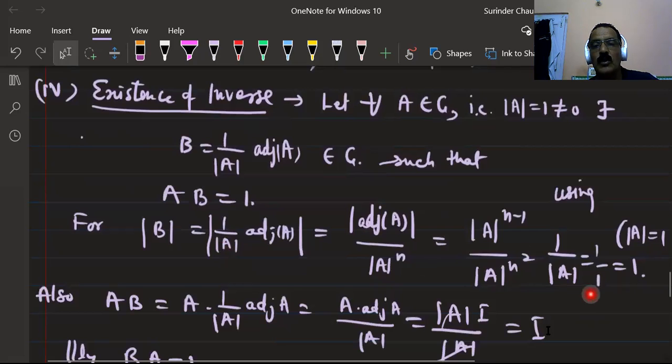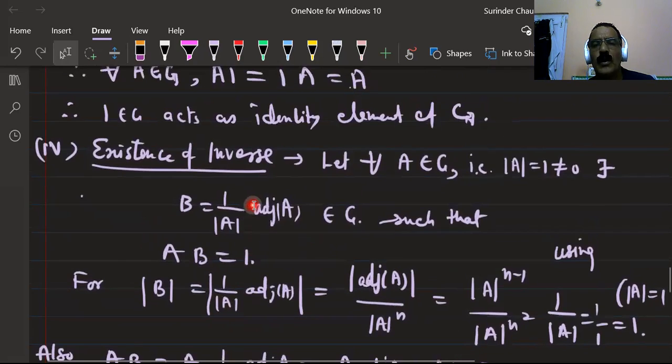Taking determinants on both sides, determinant of A times determinant of B is equal to determinant of I.